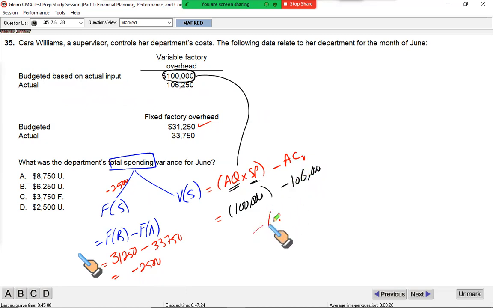This is again 6,000 adverse, right? 6,000 adverse here as well. So this is 6,000 adverse. This is 2,500 adverse. If you combine these two, you should have a combined adverse variance of 8,500. And I don't seem to have this number here.